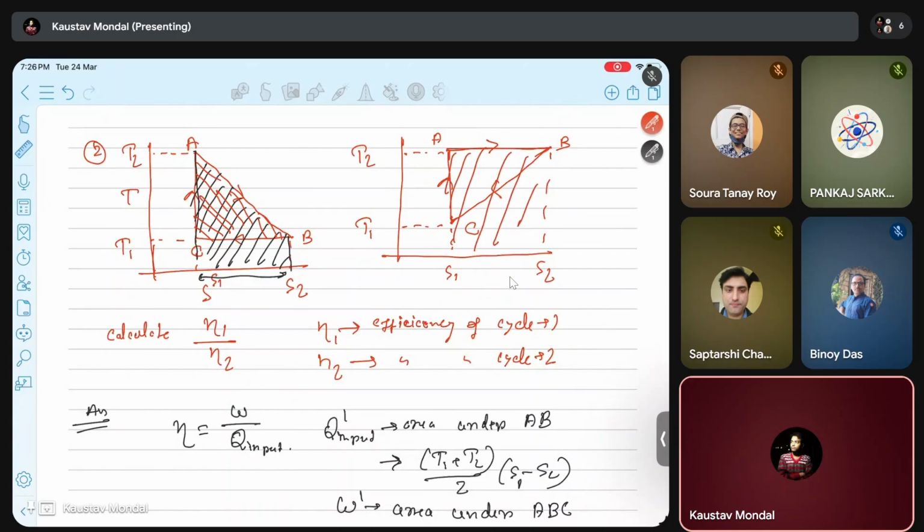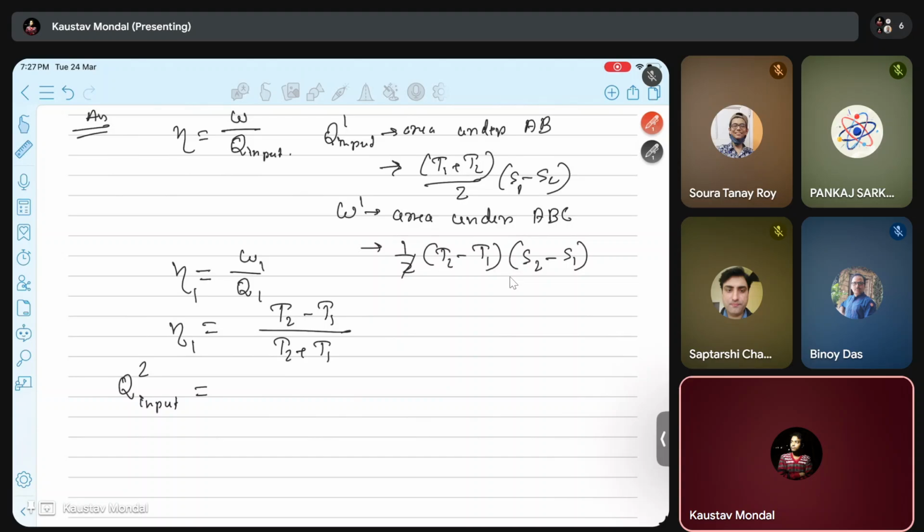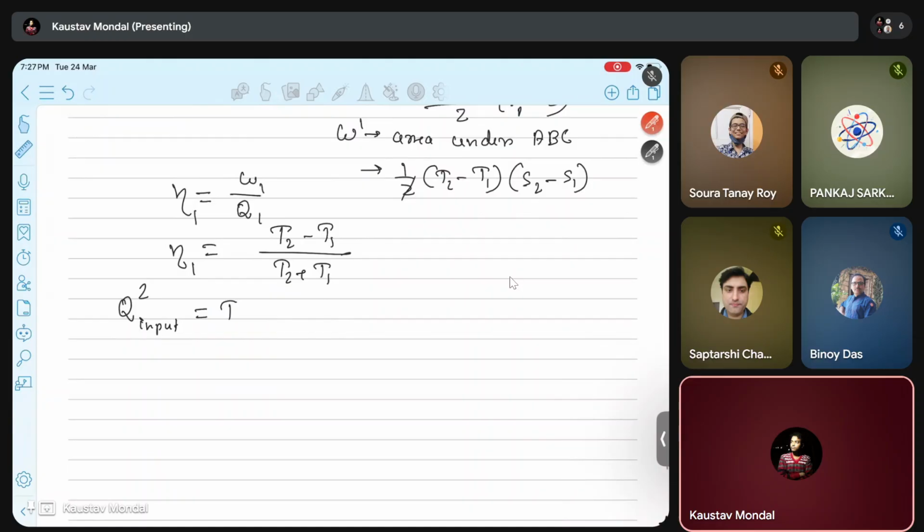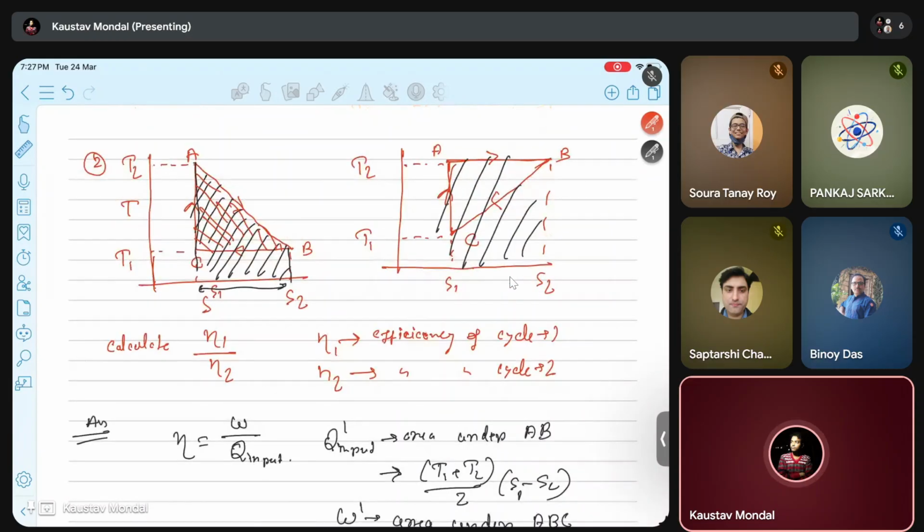So Q input 2 would be T2 into (S2 minus S1). This is basically the area under this triangle, right?